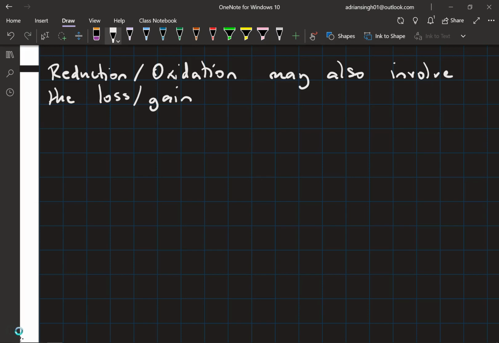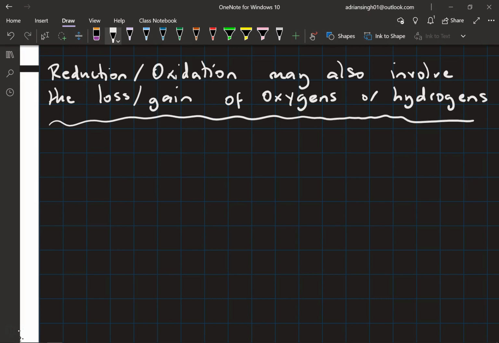Well, reduction and oxidation can also involve the loss or gain of oxygens or hydrogens, right? And this is going to be particularly applicable to biological systems, like what's happening in your body, for example. And it's going to be a little bit more obvious. So we can also define reduction and oxidation the same way like we did with the electrons.